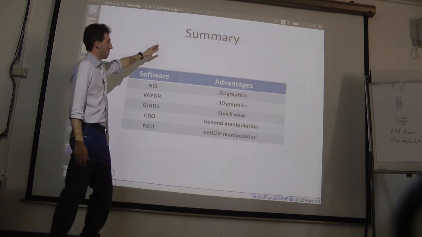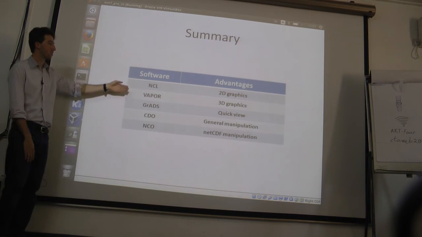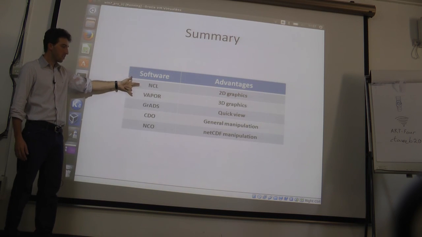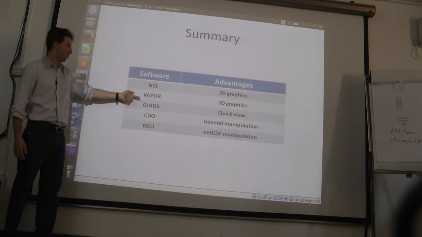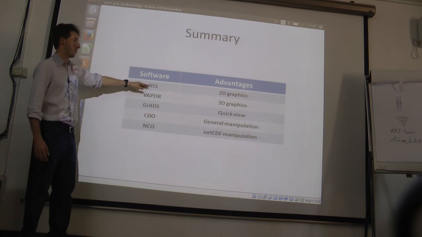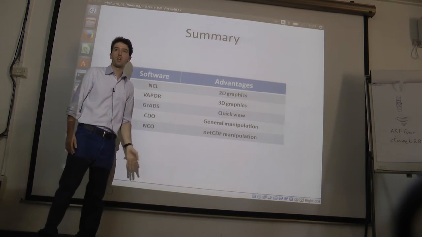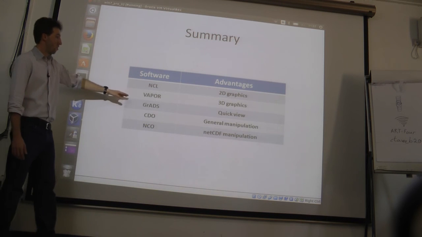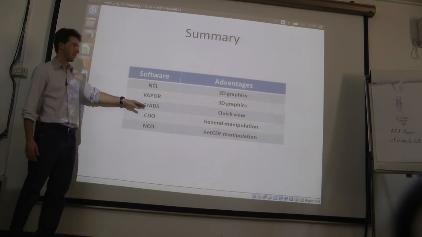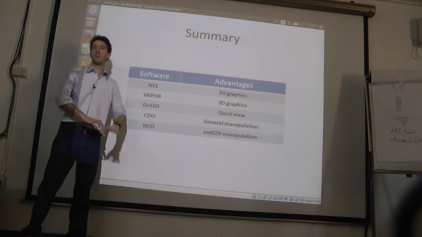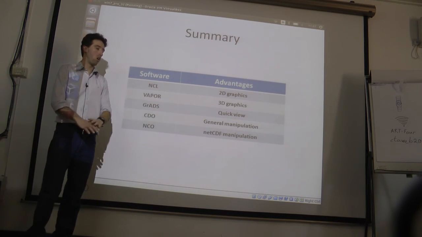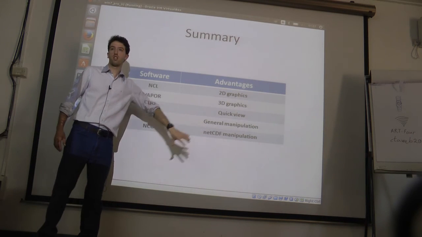And so, for a summary of these software, if I can make a summary: basically NCL, Vapor, GrADS, CDO, and NCO. The advantage of each one: NCL is good for 2D graphics, Vapor for 3D graphics and animations, GrADS you can use for quick visualization of your domain, and CDO and NCO for manipulation of files.